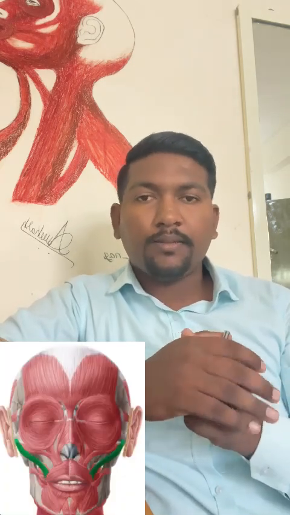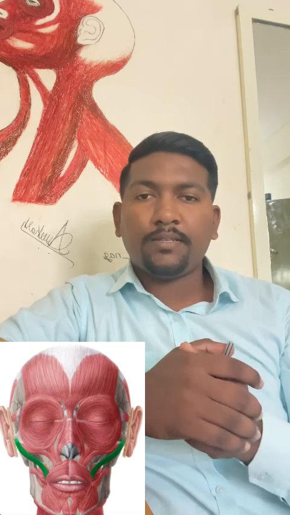Another muscle is the zygomaticus major and zygomaticus minor. The zygomaticus major muscle arises from the zygomatic bone just in front of the zygomatico-temporal suture.